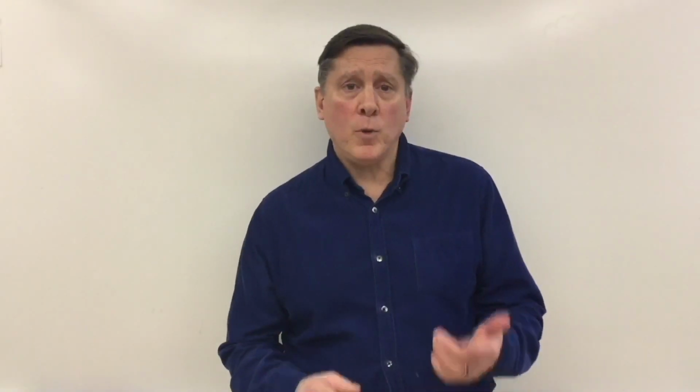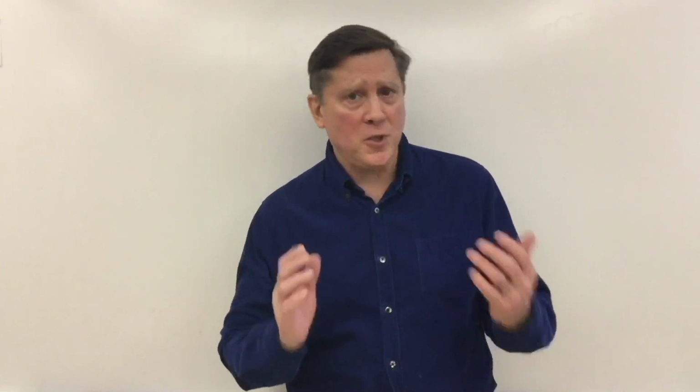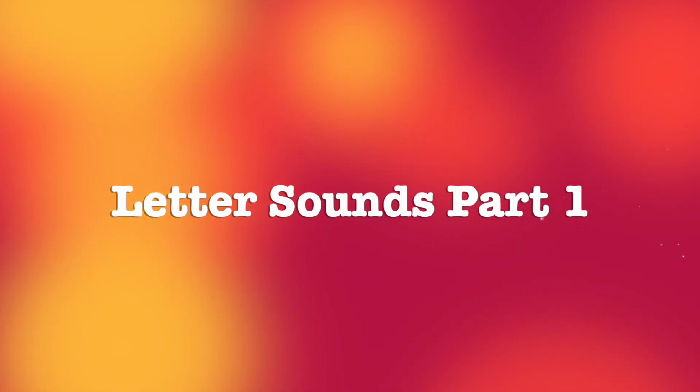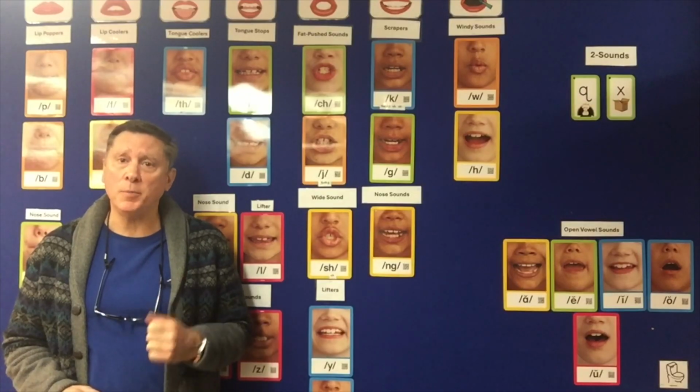Well, let's take a look at what the topic for today's episode is going to be about. So what is phonics? Well, phonics involves matching the sounds in English to letters or groups of letters. And what you see behind me is what we call a sound wall.